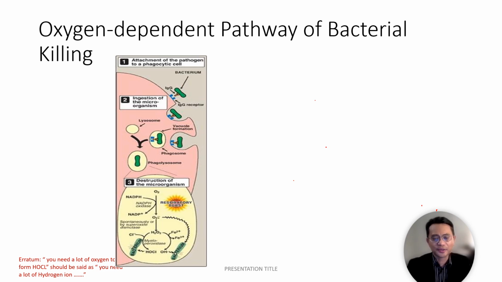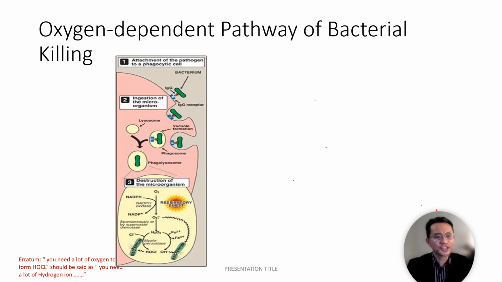So phagocytosis must happen not only during the acute inflammatory phase of wound healing. This is happening every single time when the immune system recognizes a foreign invader. So let's talk about phagocytosis.